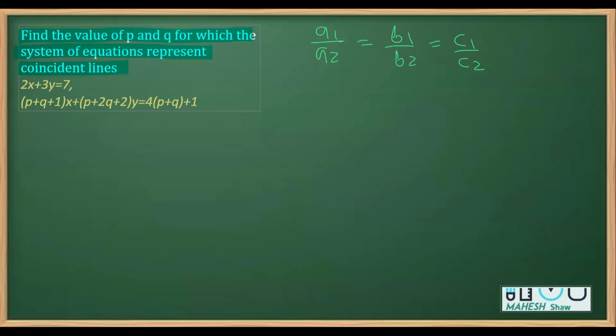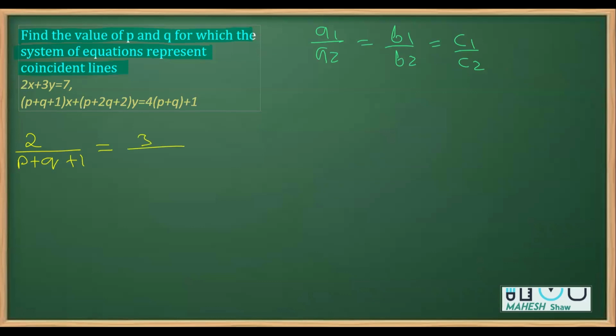Now check what is a1 here. a1 is 2 and a2 is this. So I can say that a1 over a2, a2 is p plus q plus 1, is equal to b1, which is this, and b2 is this.